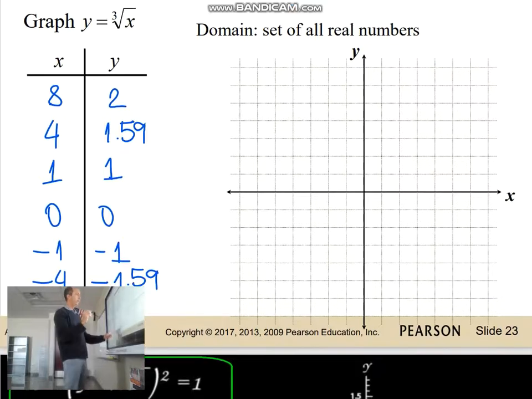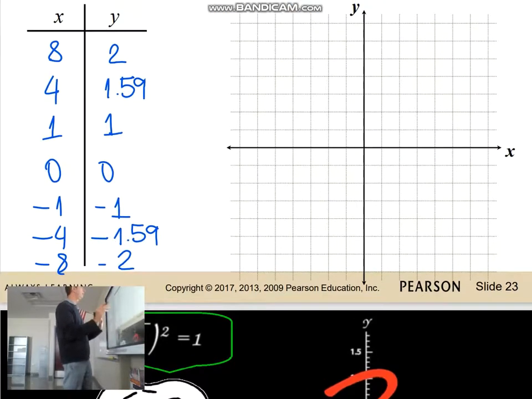Great. Let's find the points. We have several ordered pairs, and now we don't have a problem about the domain. The domain is going to be all the real numbers. We can have negative numbers as the cube root of negative numbers. This is not a problem. There's no limitation.